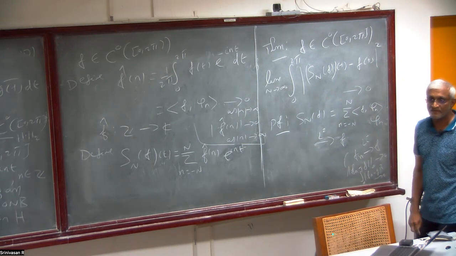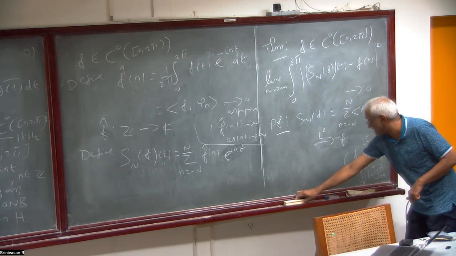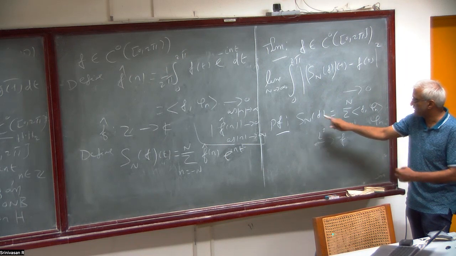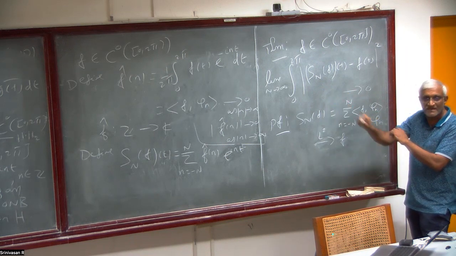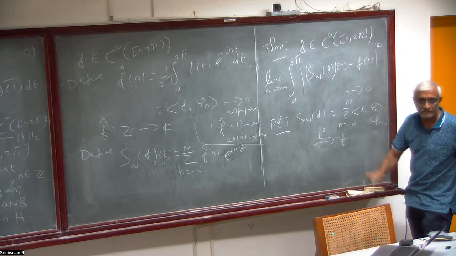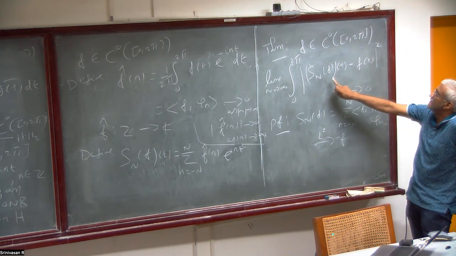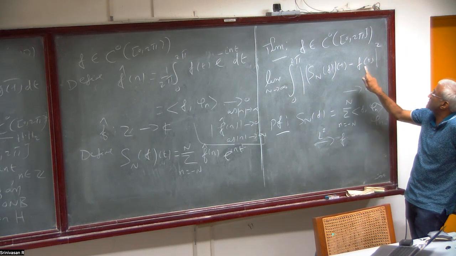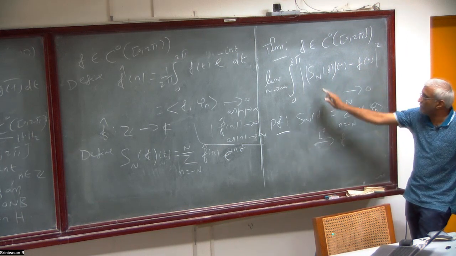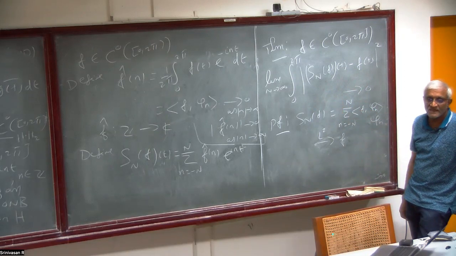This is exactly the definition. Just think about it. So we have this statement: if you have any f in this space, then Sn f approximates f in L2. By this, we mean that the integral between them goes to 0.